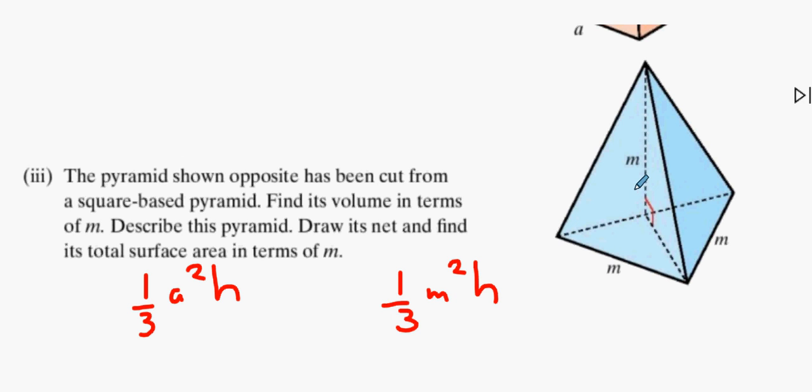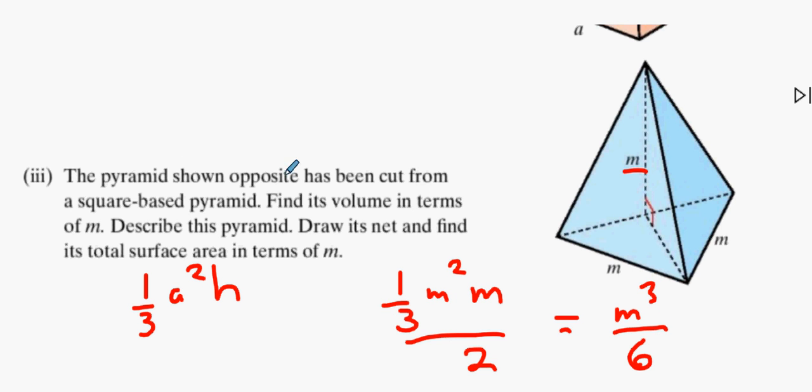So would that not be 1/6 m squared h? Oh, it is. Happy days. But one thing to note. The height is also m. So it's going to be m squared times m, and it's half of it, which is over 2, which is m cubed over 6. Oh, that was a lot easier than I thought it was going to be.